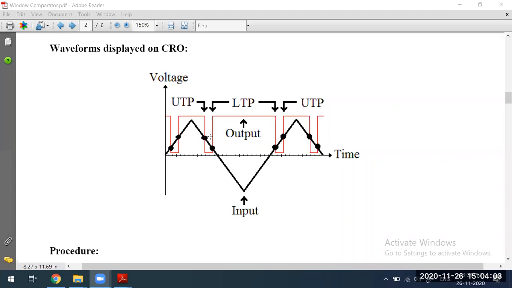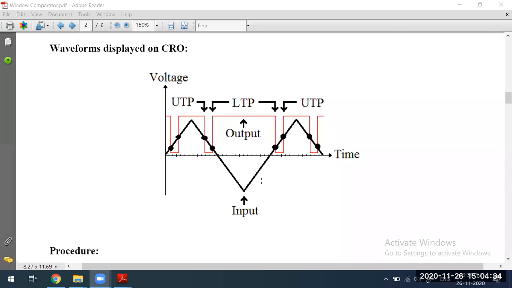If the input voltage is within this range, once again, low output. This is how they are asking us to implement. If the input voltage is within the range, UTP and LTP, give one output, low output, or you can reverse it. If it is within this range, high output, outside the range, low output. That's all.